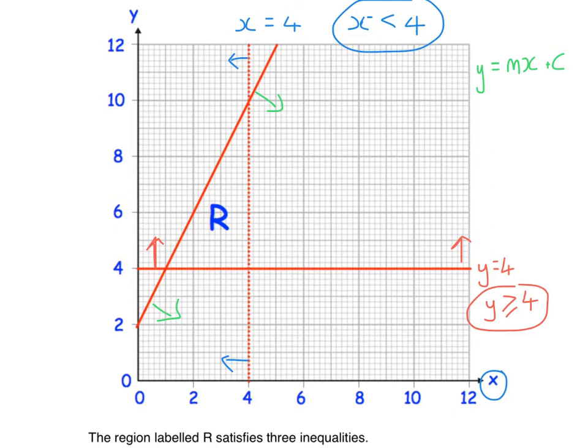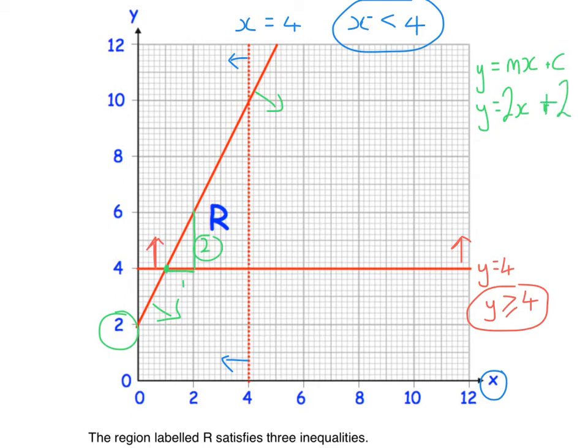So if I pick a nice point, if I pick this point here, so 1 across, which is going to be this square, how many up? For 1 across, it's actually from 4 to 6, so it's 2 up, so my gradient is 2, so it's y equals 2x, and it's crossing the y-axis at 2, so it's plus 2.